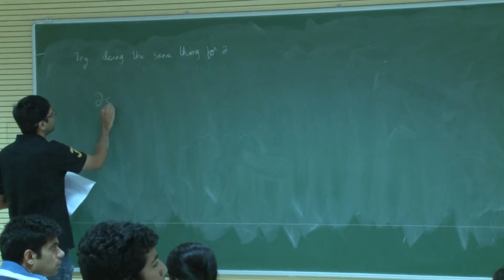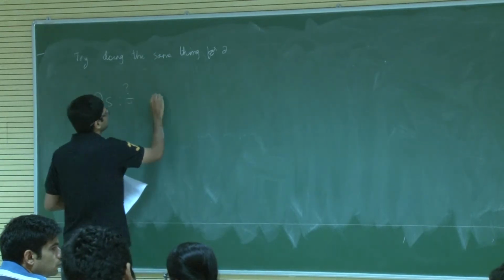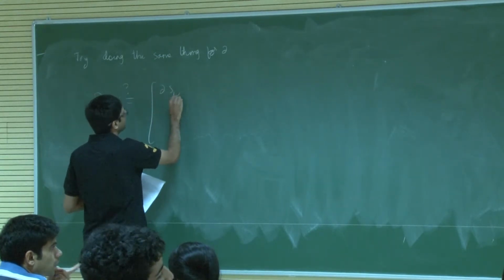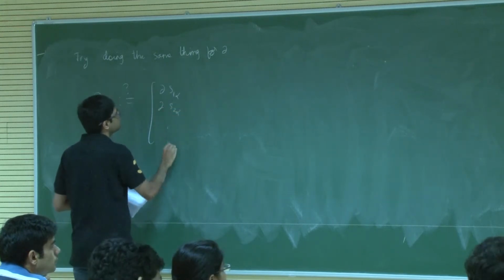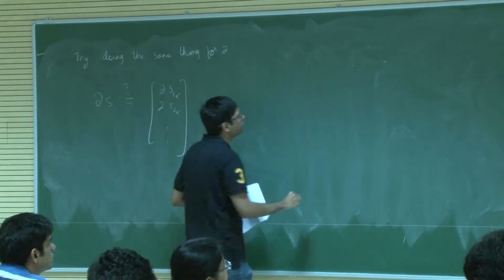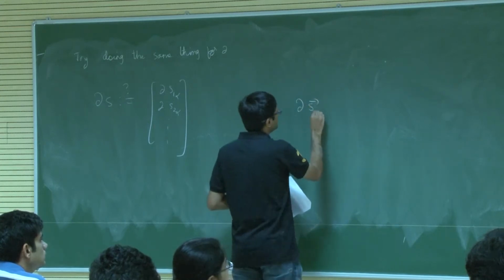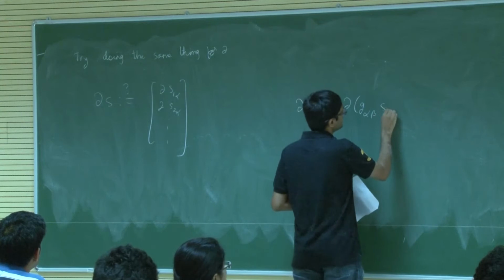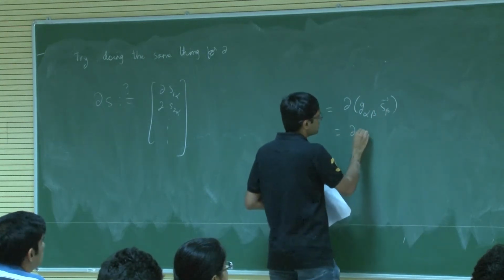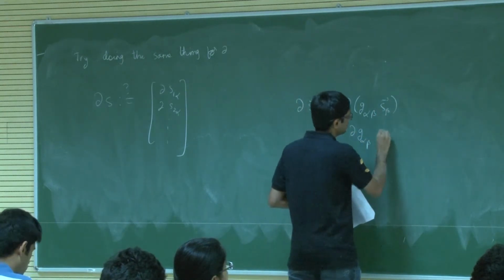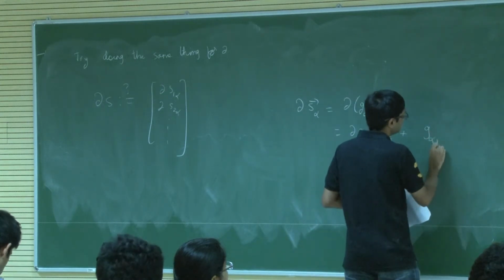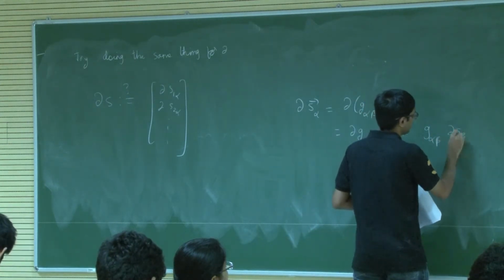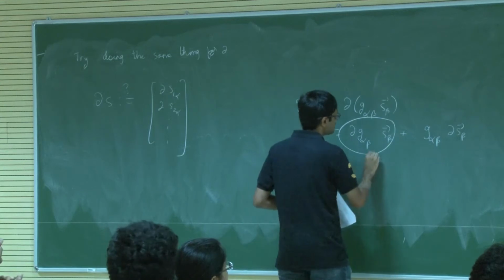If you try to define del S as del S1 alpha, del S2 alpha, and so on, then what will happen is del S alpha is del of G alpha beta S beta, which is del G alpha beta S beta, plus a good term. This is not 0.